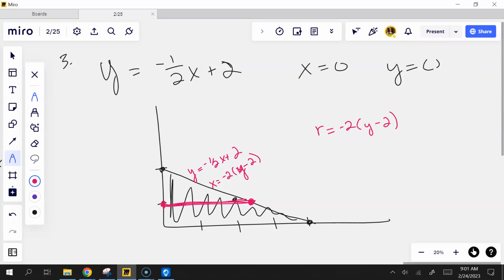So what's the area of my circle? I would probably make this 4 pi times y minus 2 squared. Because remember this goes here and here, and then I'd just pull that outside if it were me.